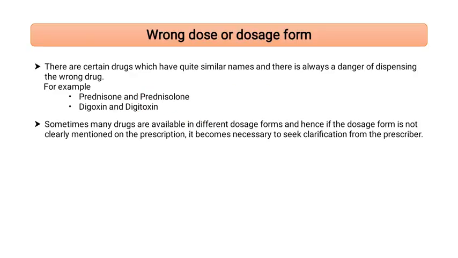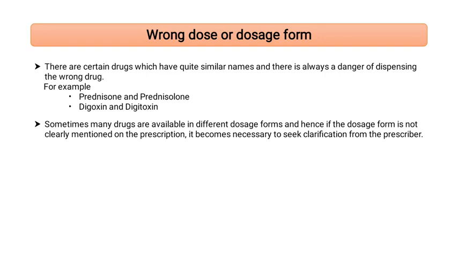The next one is wrong dose or dosage form. There are certain drugs which have quite similar names, and in such cases there is confusion, and a problem can occur during dispensing. There is a high chance of dispensing the wrong drug.